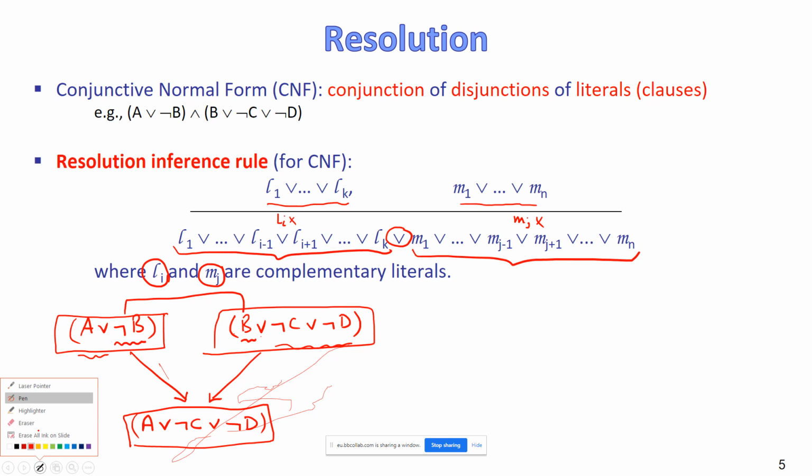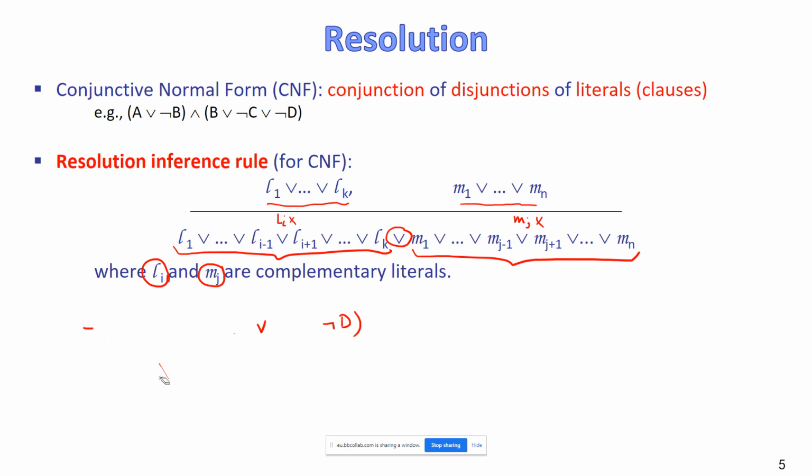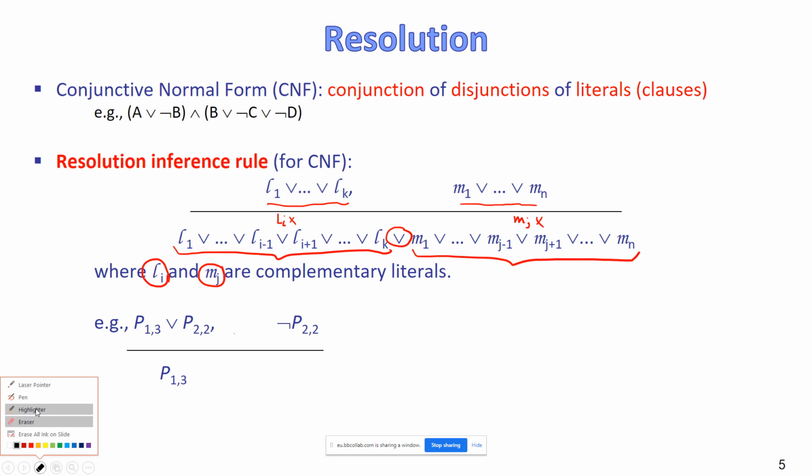Let's see another example. We have P13 or P22, that's one clause, and another clause that's just not P22.